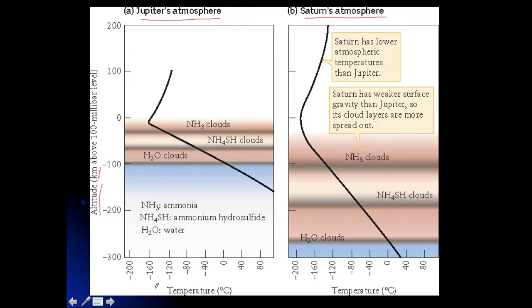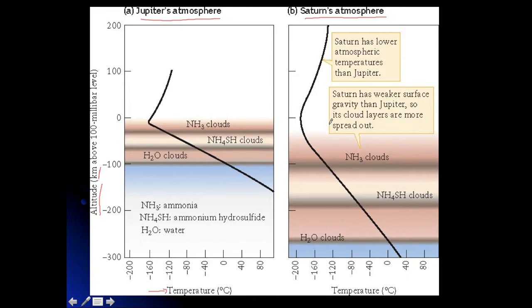And on the bottom here we have temperature in degrees Celsius. Notice that Jupiter's atmosphere is a little bit more condensed than Saturn's. The cloud layers are a little bit more squished together on the same scale, whereas Saturn's are a little bit more spaced out. So Saturn has lower atmospheric temperatures overall as well. Notice that the temperature scales are a little bit lower here.